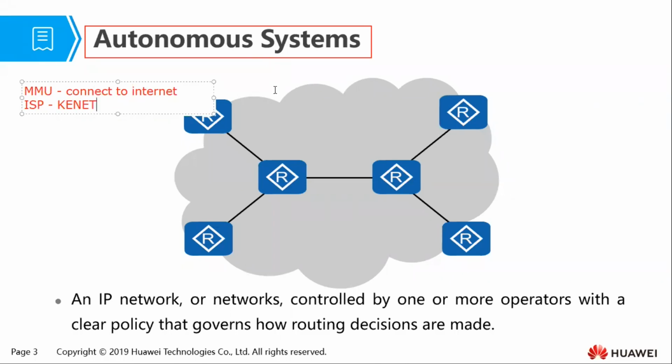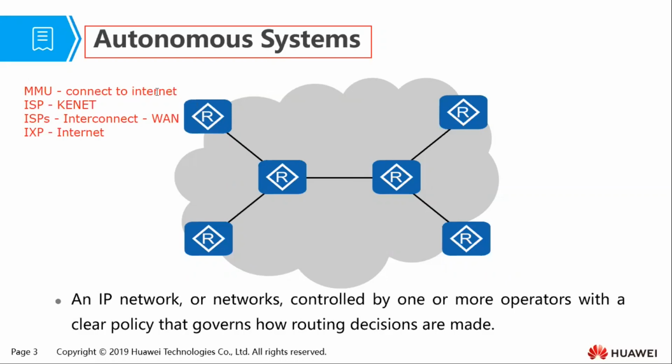In this case, KNet, ISP. Then ISPs will normally interconnect to form the wide area network. And in countries we also have what we call internet exchange points. So they're used to interconnect ISPs between regions. And that is how we are able to really form the internet.